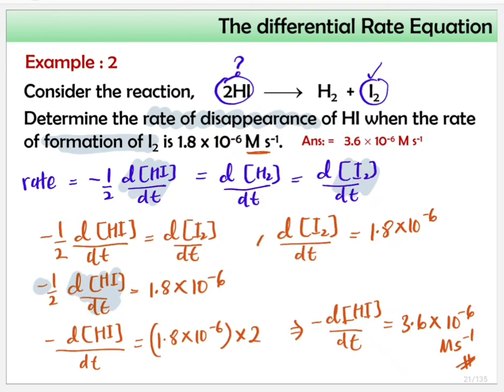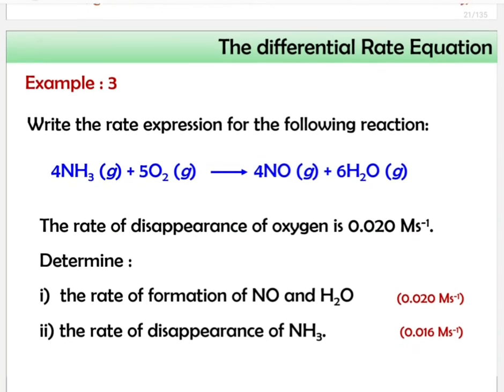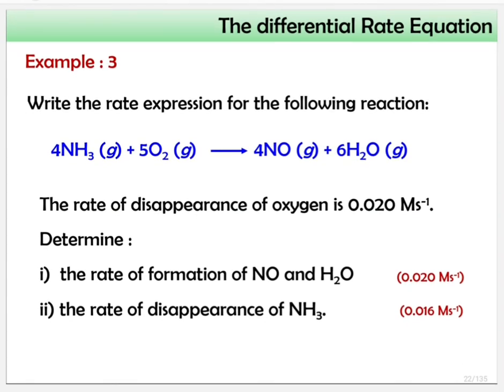Okay, so saya akan explain satu lagi soalan, untuk lebih faham. Untuk example 3, first write the rate expression. So, rate expression ni maksudnya differential rate equation lah for the following reaction. And the question give to you information about rate of disappearance for oxygen. Kita nak cari apa?